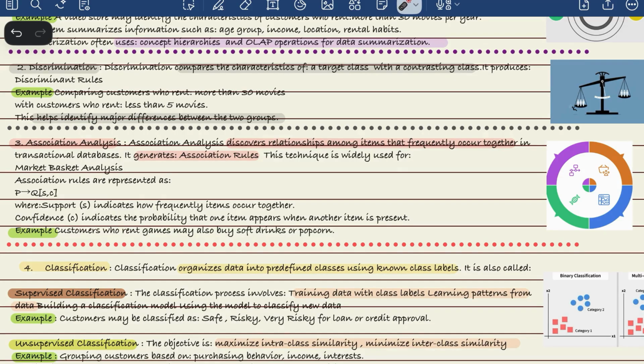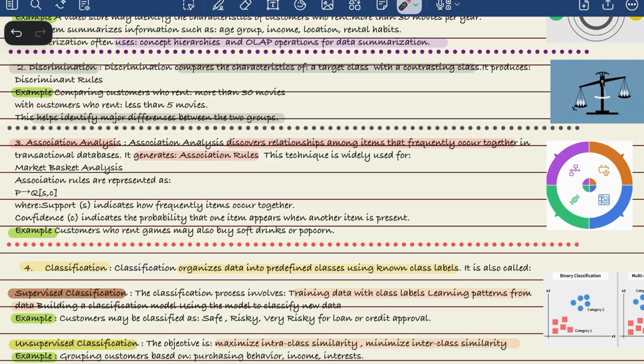For example, you own a retail store, right? And you want to know which combination of items are bought together the most, so that you can put them together on your shelf and it boosts the sale. So that is why you use association analysis.